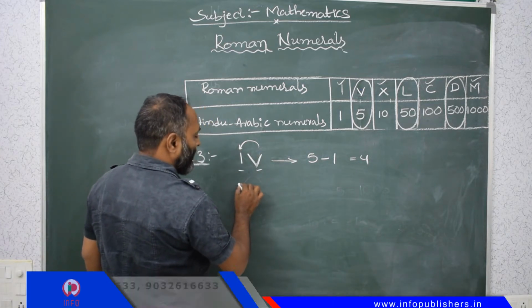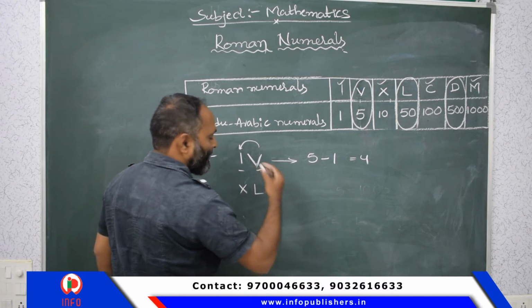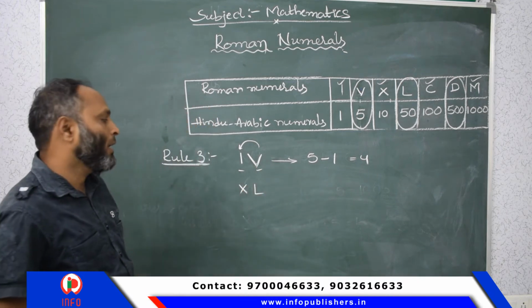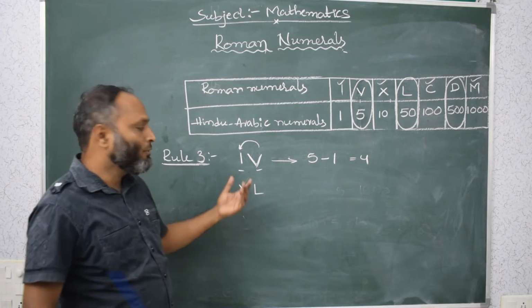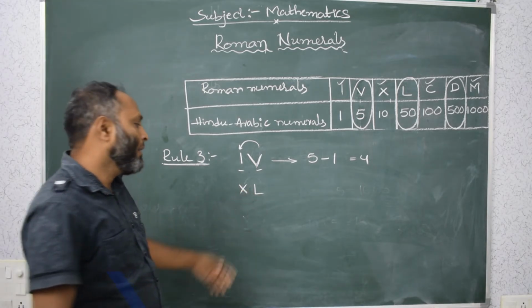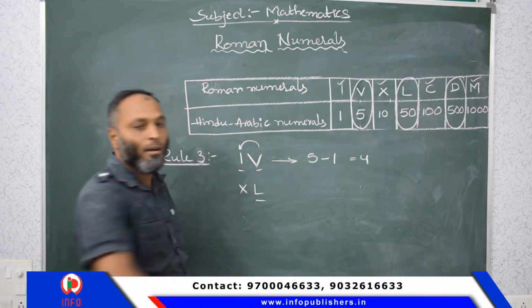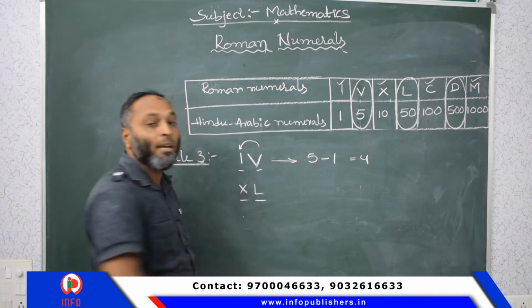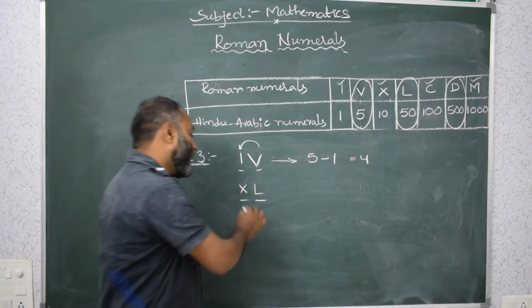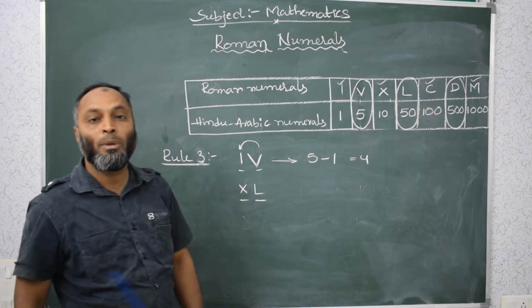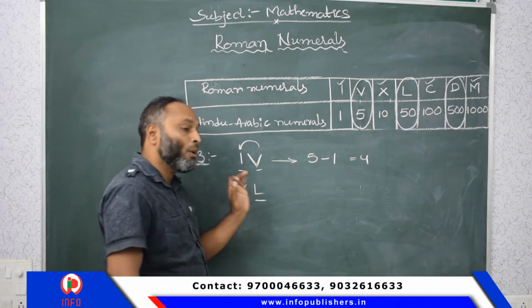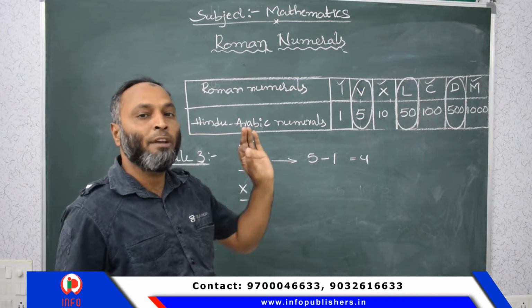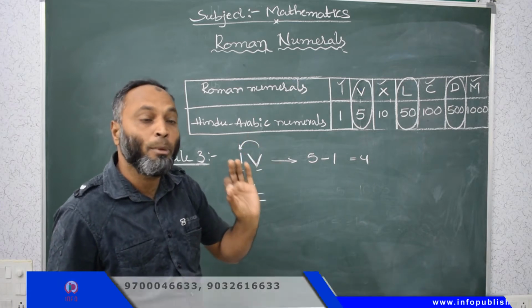Suppose XL is there. So what is the value of this XL? Here L is the bigger Roman numeral and X is the smaller Roman numeral. The smaller Roman numeral is on the left side of the bigger Roman numeral.